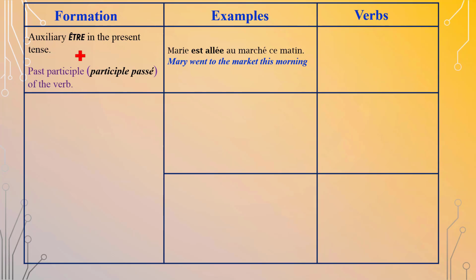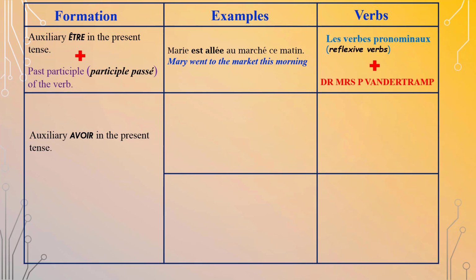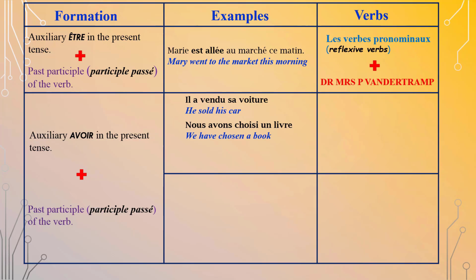Les verbes pronominaux. Dr. Mrs. P. van der Tramp group of verbs. Auxiliary avoir, the present tense, past participle. Il a vendu sa voiture.